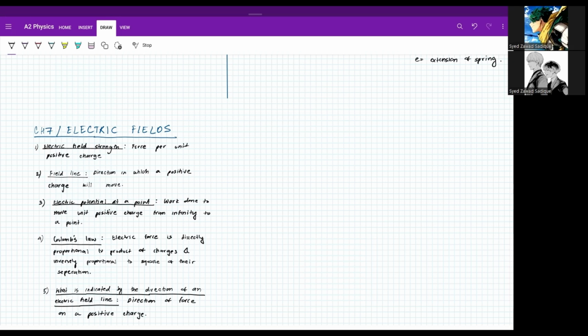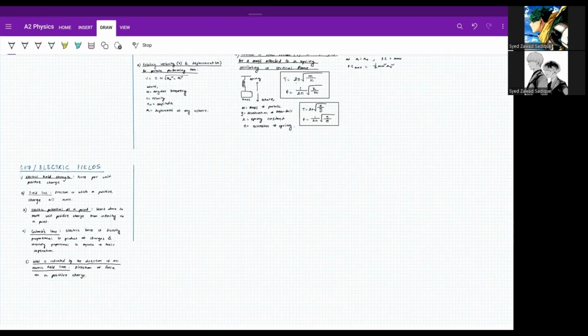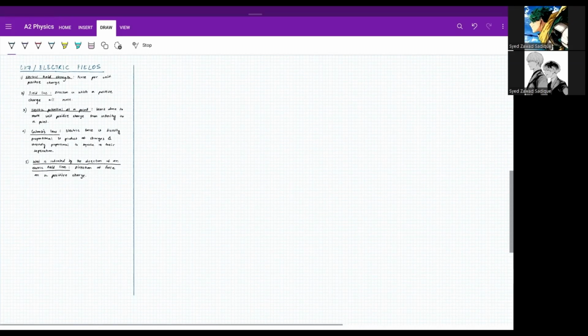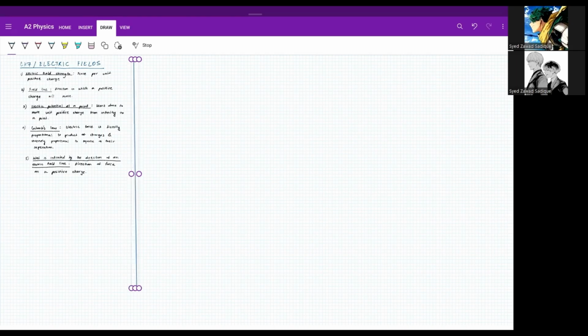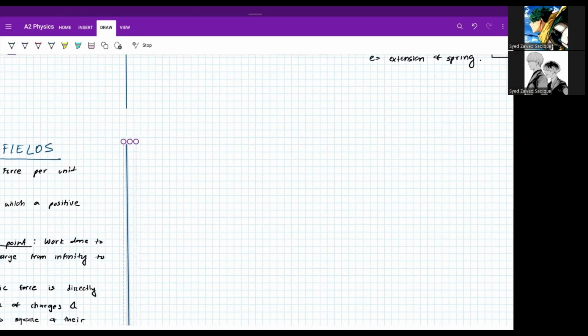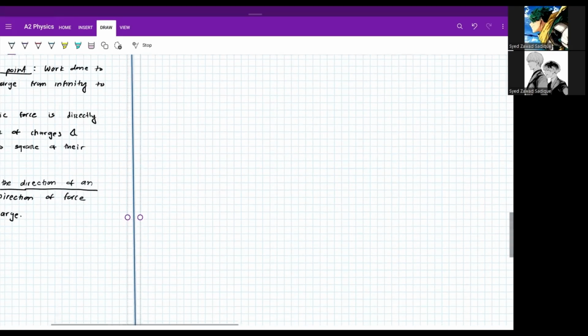Again, time for the line. I think this one should be fine. No worries about it. Great.